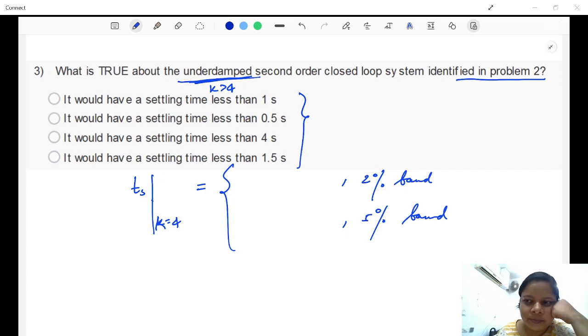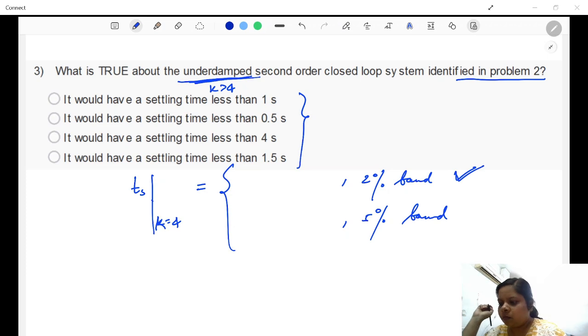What was it? And we'll be answering the question according to this. So what was the 2% and 5% band? You should remember this.